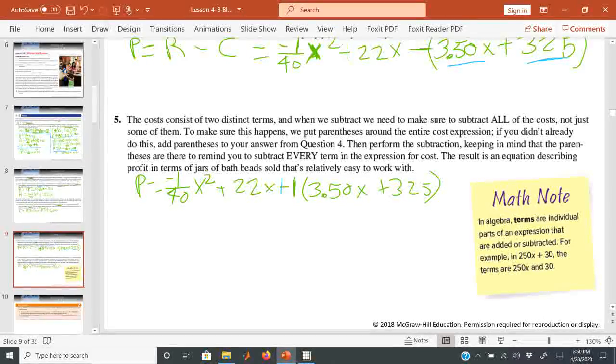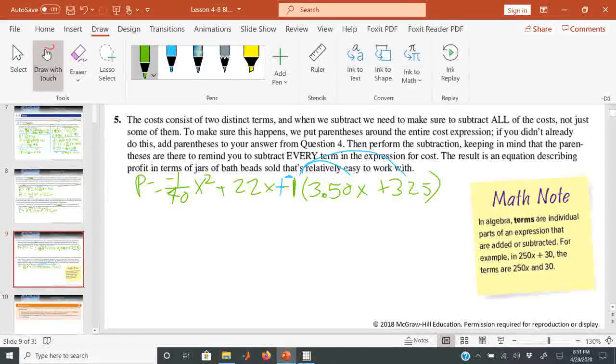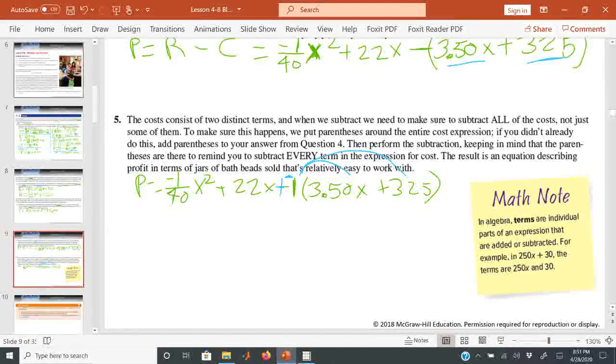So instead of subtracting, I'm going to add a -1 times 3.5x plus 325. Now I'm going to multiply that, distribute that -1, just like I distributed the x before. You can think of it that way.